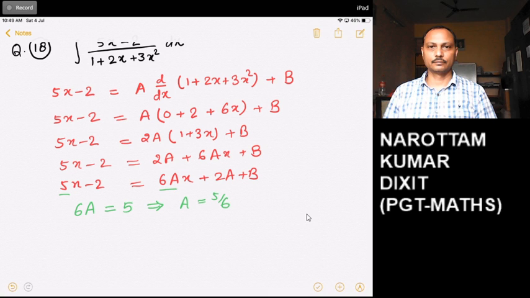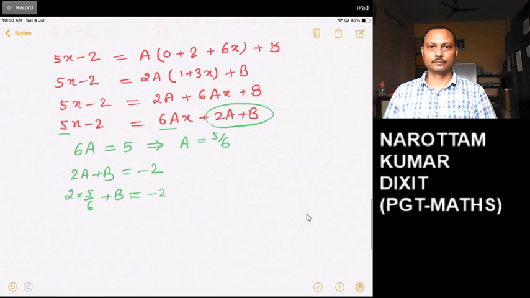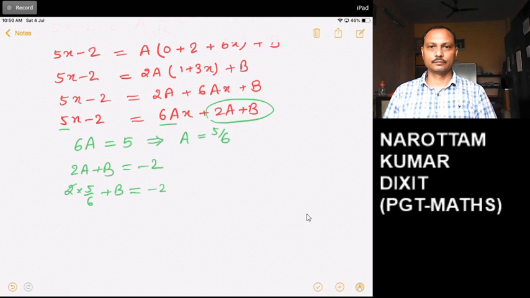Now to find the value of b, take the constant term. It is 2a plus b here, and it is equal to minus 2. The value of a we have already found. It is 2 times 5 upon 6 plus b equals minus 2. So cancel out, so 5 upon 3 plus b is equal to minus 2.